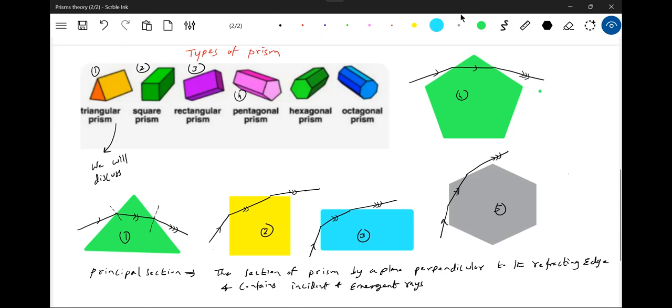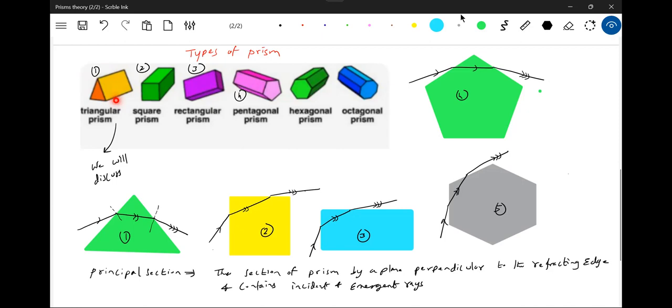Every time this three-dimensional analysis will be very difficult, so therefore we'll go for a plane diagram. The ray will come and strike at one specific point. From there I'll drop a perpendicular to the refracting edge. That particular plane is called the principal section.